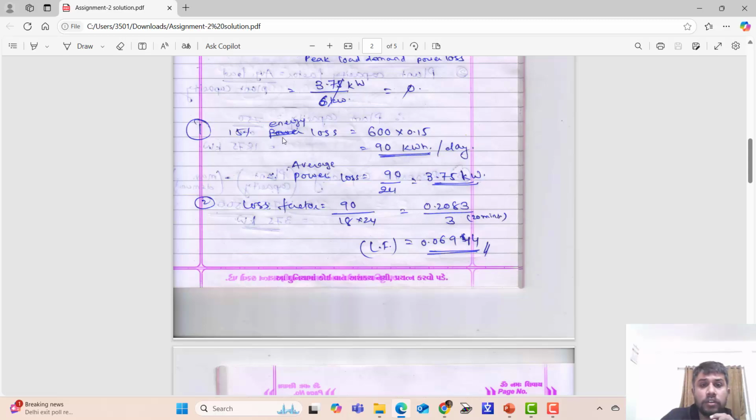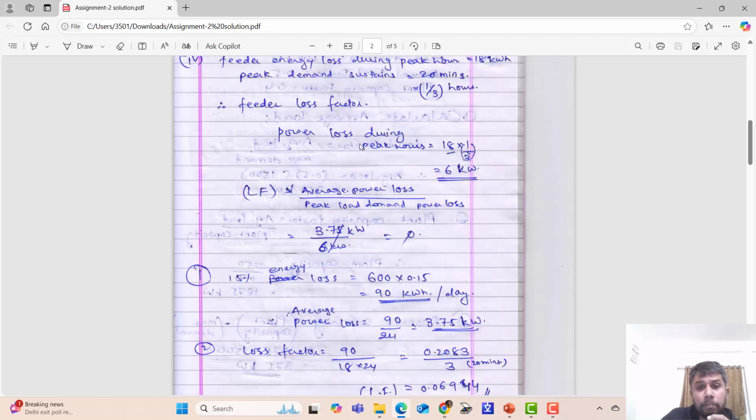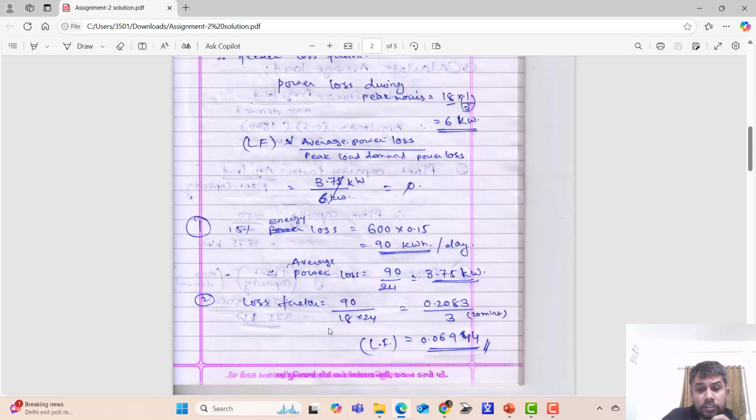Now, first of all, the energy loss is 600 into 0.15, that is 90 units per day. So the average power loss is 90 divided by 24, that is 3.75 kilowatt. Now the loss factor is equal to the average loss, 90 divided by 18 being the peak loss, that is, 18 divided by 24, the total number of hours of the day, so it will give us 0.2083.